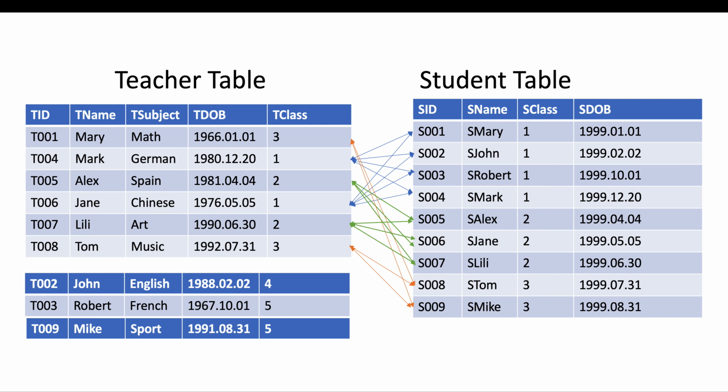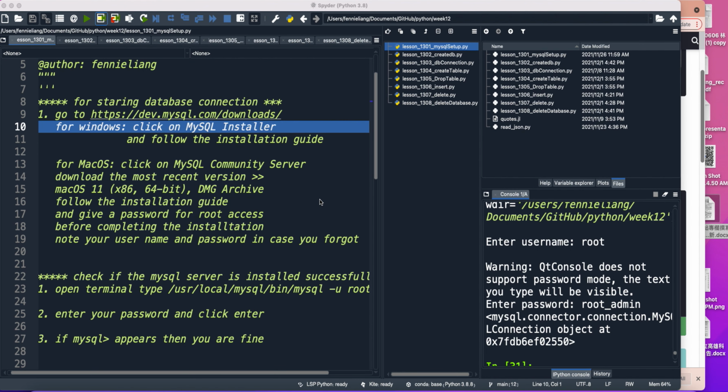So this is a simple concept of a database and the relationship. First of all, we need to install MySQL on your machine. So how do we install that? We need to go to here, the download page for downloading MySQL.